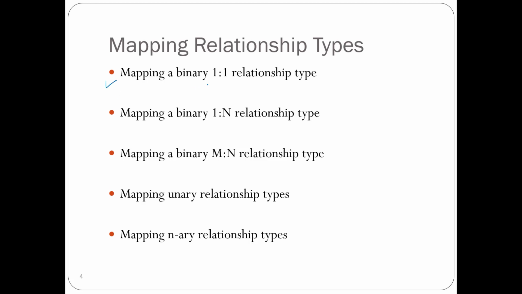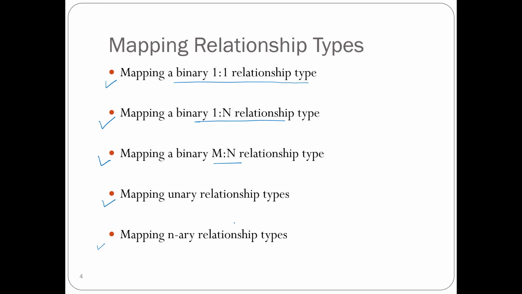We would look at the mapping of binary one-to-one relationship type, then the mapping of binary one-to-n relationship type, then mapping of the binary m-to-n relationship type, followed by mapping of unary relationship types, and then we will look at the mapping of n-ary relationship types.